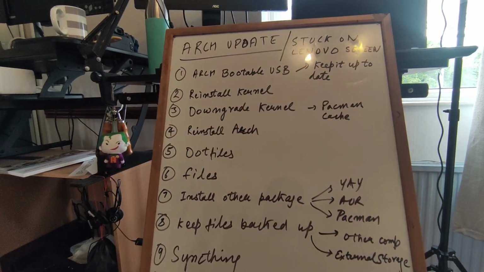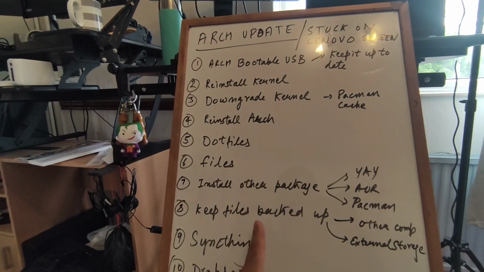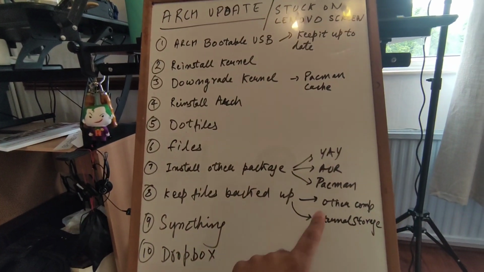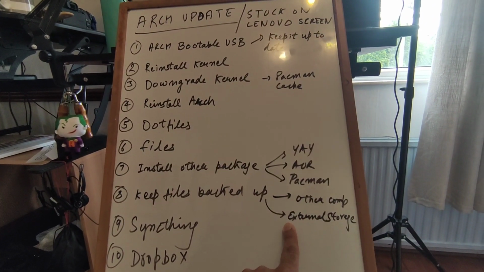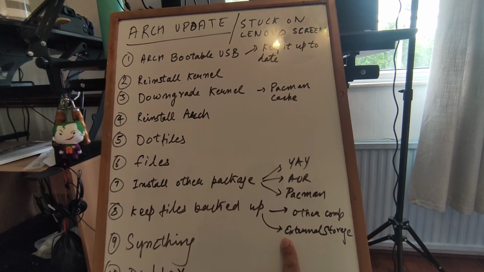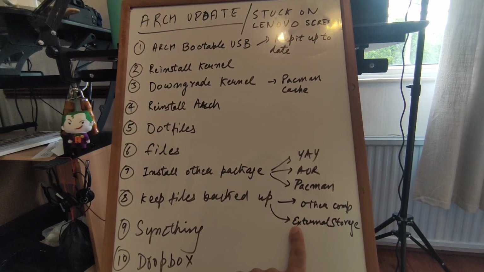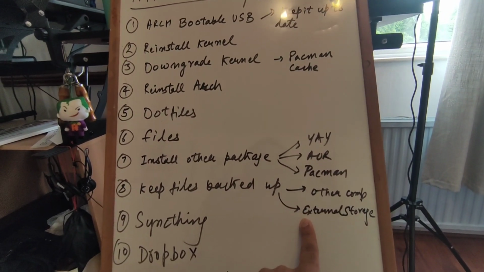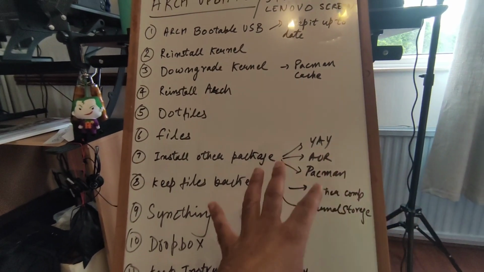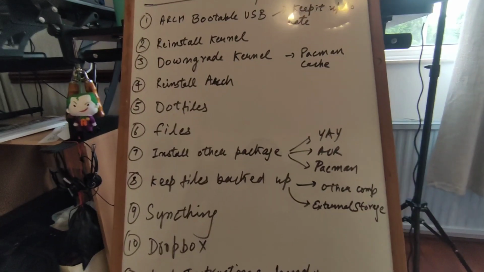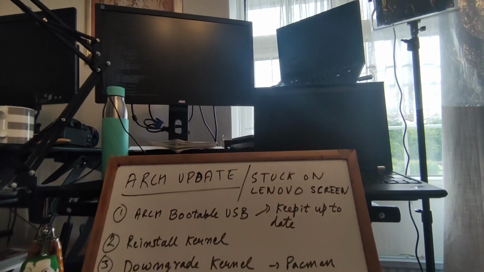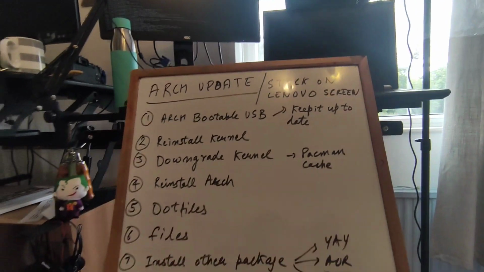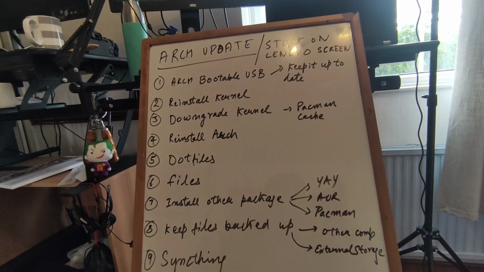And one more thing, when you are keeping a backup of your files on other computers, and definitely on one external storage, like I have one 2 TB hard disk, I always mirror my 2 TB hard disk to one more hard disk. So if you have a backup, then you'll be happy in life. And if this situation arises where you have to restore a backup, then you can hopefully do it.